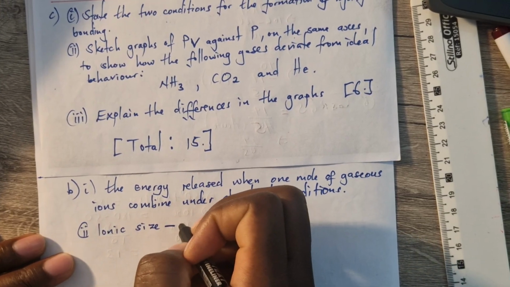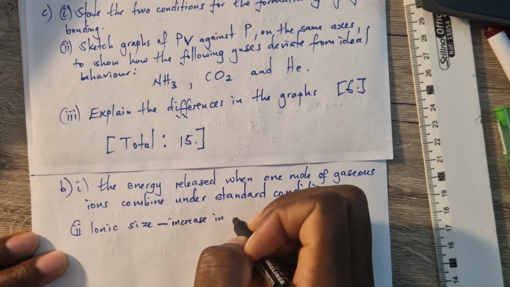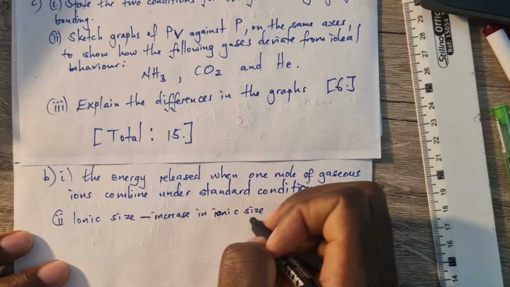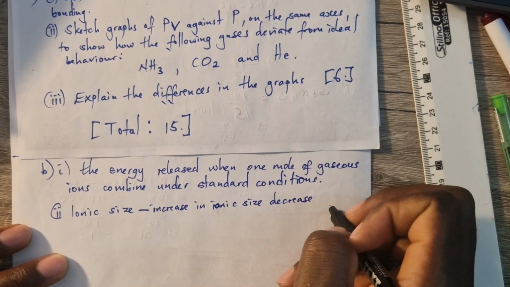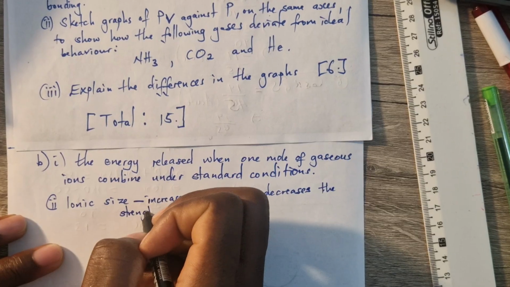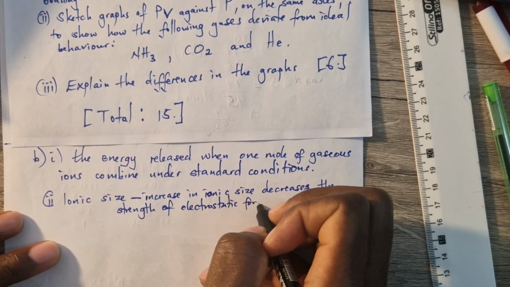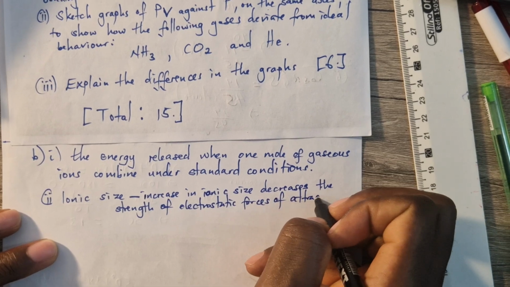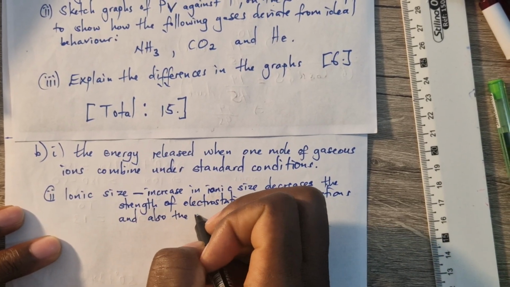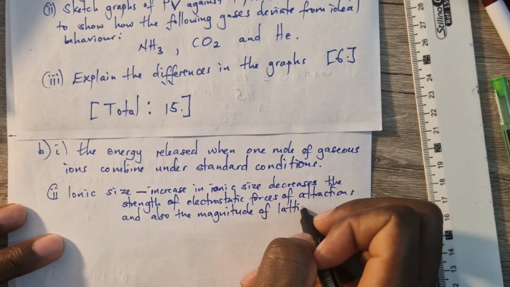So an increase in ionic size decreases the strength of electrostatic forces of attraction, and also the magnitude of lattice enthalpy.